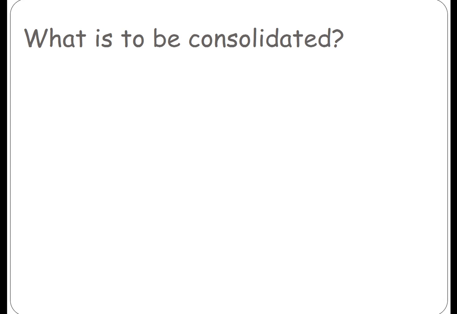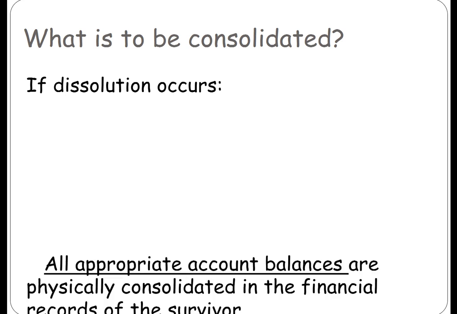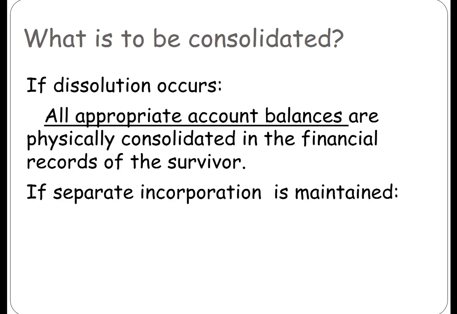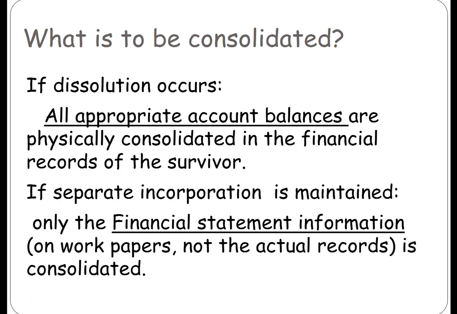Now, what is it to be consolidated? If dissolution occurs, all appropriate account balances are physically consolidated in the financial records of the survivor at fair market value. If a separate corporation is maintained, only the financial statement information via work papers is consolidated.